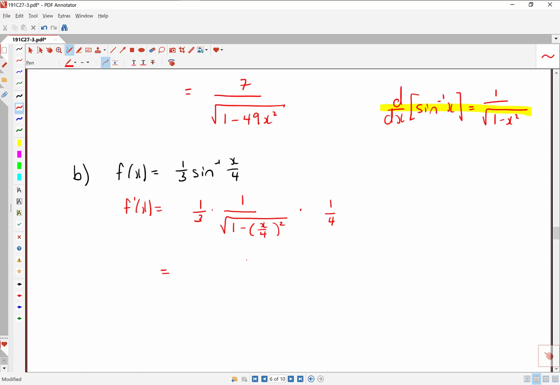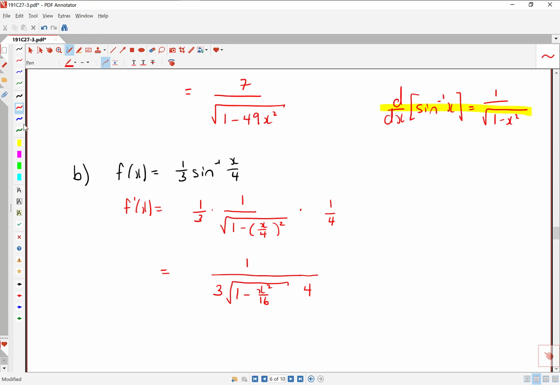So let's turn this into a single fraction. So the 3 can come into the denominator, the square root can come into the denominator. Under the square root, we've actually got 1 minus x squared over 16. And then we've also got this factor of 4 that's in the denominator.